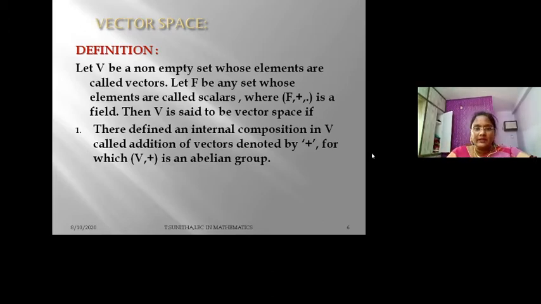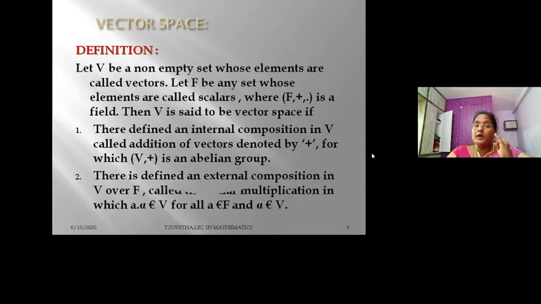So for vectors, what do we have to define? They define an internal composition in V called addition of vectors. Addition of vectors is denoted by plus, for which (V, +) is an abelian group. Abelian group means commutative group. Both are the same.